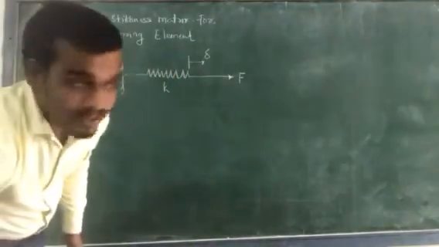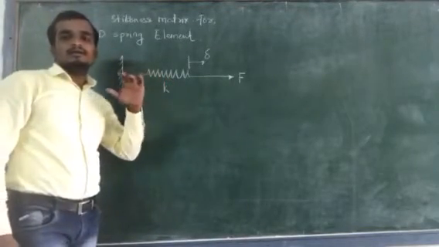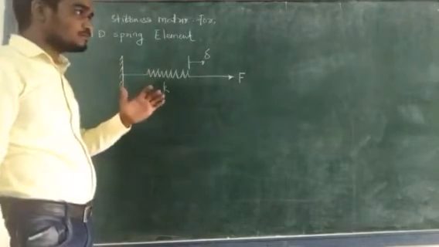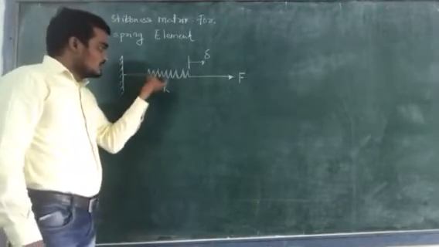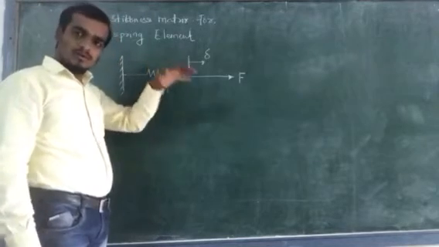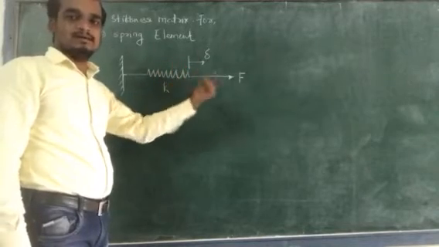For finite element analysis, to derive the stiffness matrix of the spring element, there are 4 basic steps. The first one is to convert your real life problem into a finite element problem, or a discretized problem.